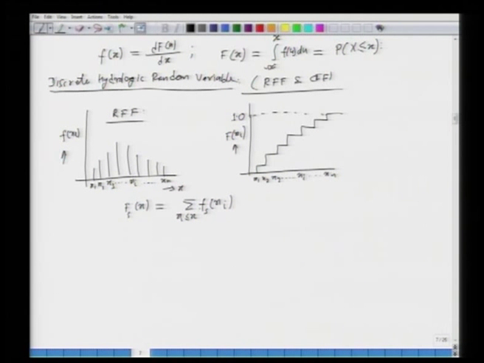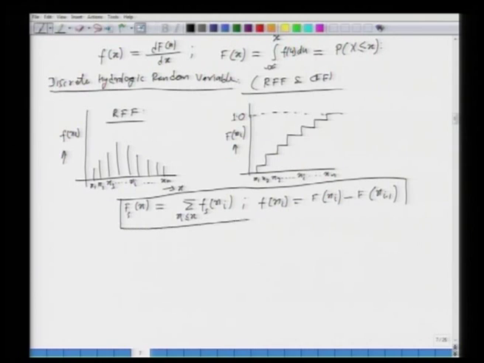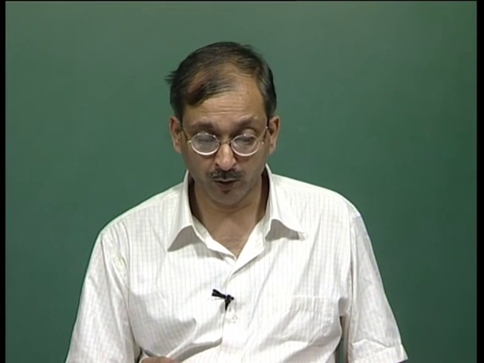And f of xi would be equal to the difference of your cumulative function at the boundaries, F of xi minus F of xi minus 1. This is an important relationship. So, this is about the discrete hydrologic random variables. We have a similar thing called the PDF and CDF, and we are going to look at the interrelationships and what kind of probability each expression represents.